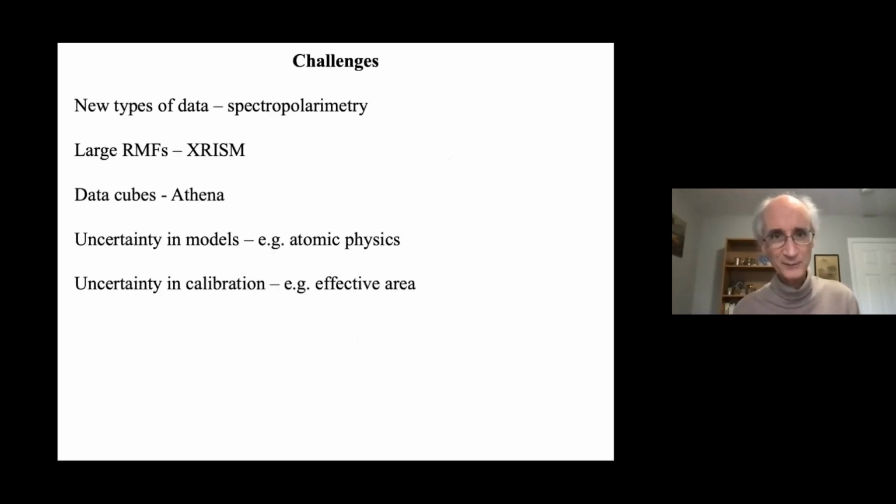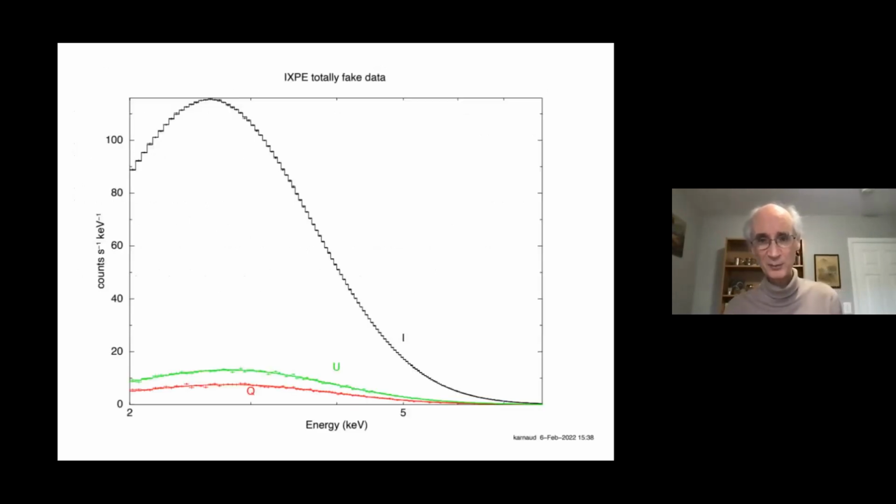Okay, I'm going to finish up by talking about what sort of challenges are coming along. We've got new types of data. There's spectropolarimetry. There is the satellite IXPE, which is now taking data. This is totally fake data, so it won't actually look like this.